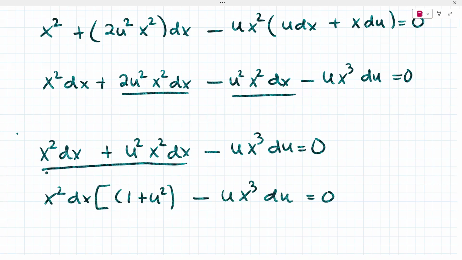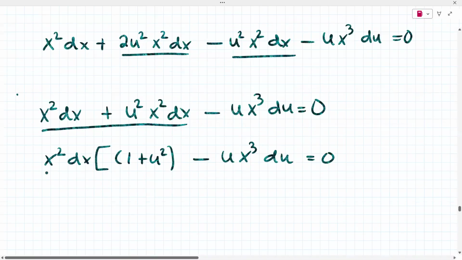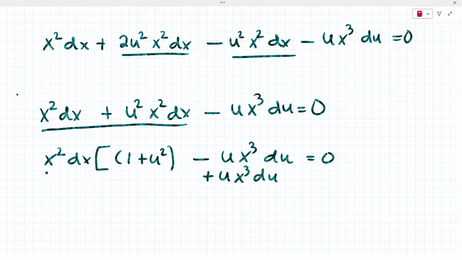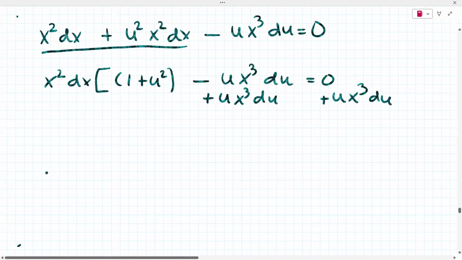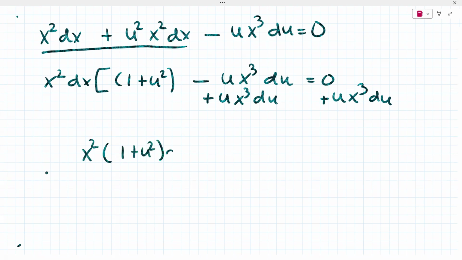Then what I would do is move this ux cubed du to the right by adding ux cubed du. So you would get x squared parentheses 1 plus u squared dx, and over here this is going to be u x cubed du.